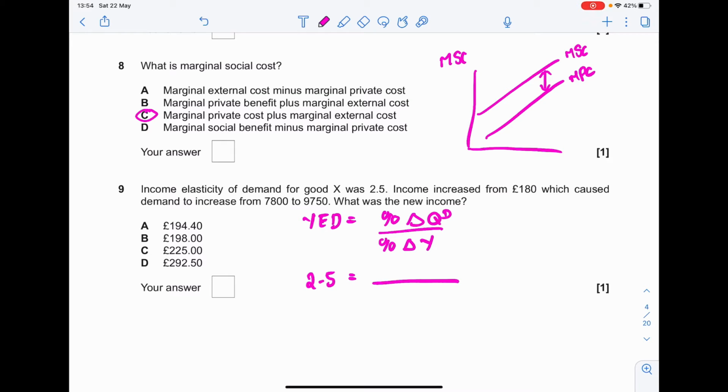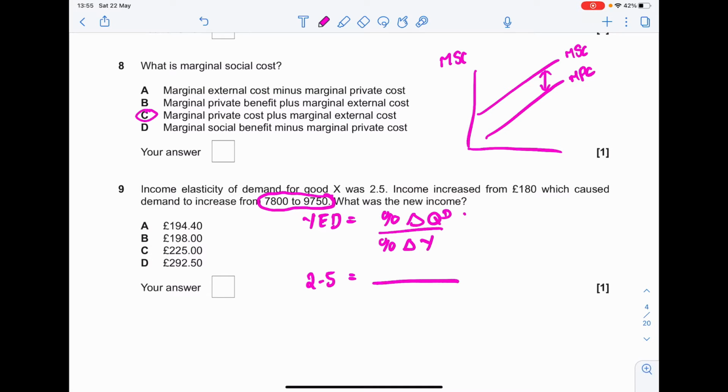And income increased from 180, which caused the demand to increase from 7,800 to 9,750. So what we need to do is work out what this percentage change is. And that percentage change is going to go on the top, and then we can rearrange to get the percentage change in income.